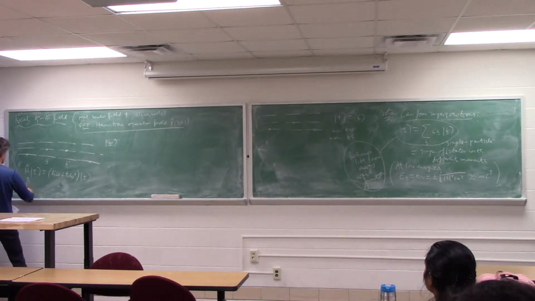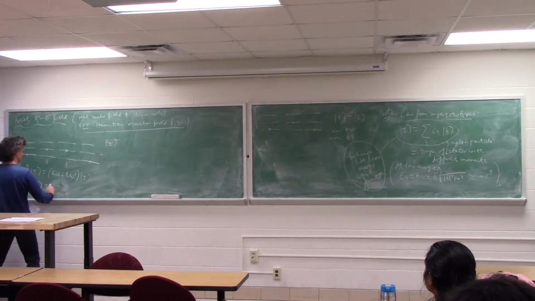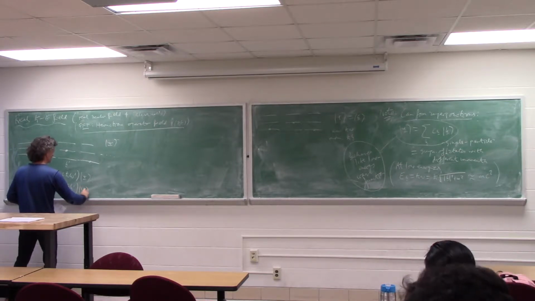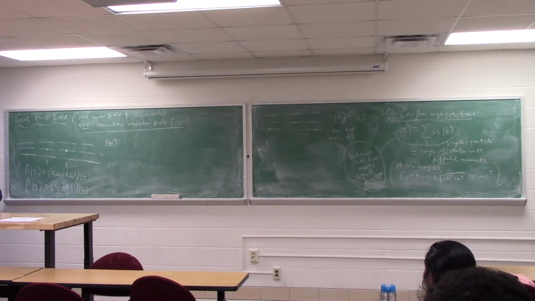And if you look at the total momentum operator, which we'll define later, the eigenvalue is h bar k plus h bar k prime. Now again, it's a field system where I have two modes excited. These are the values of the energy and the momentum.